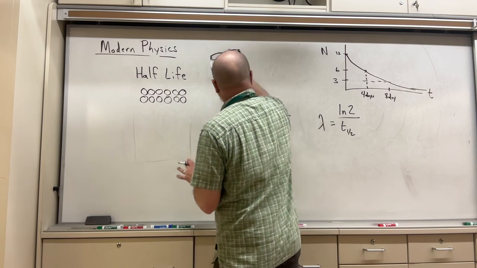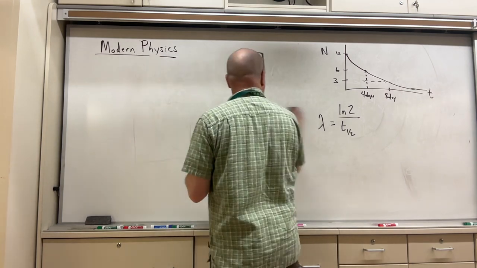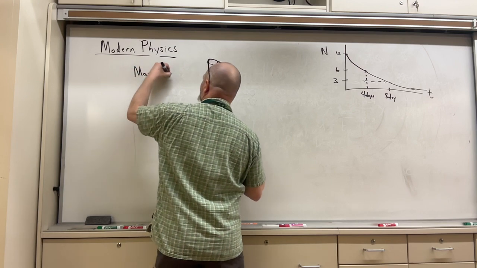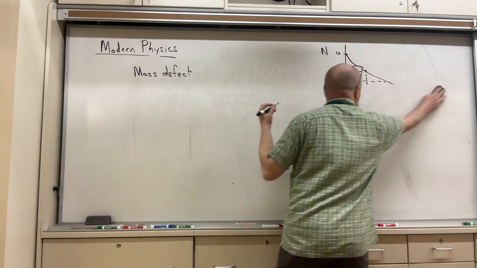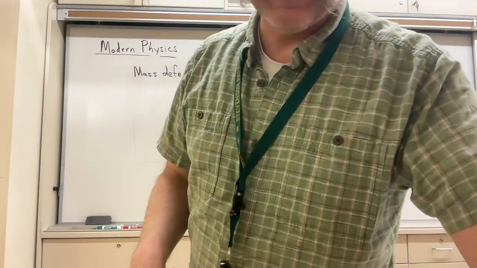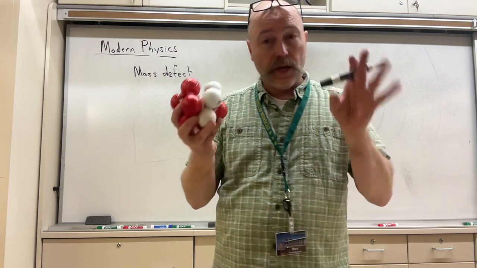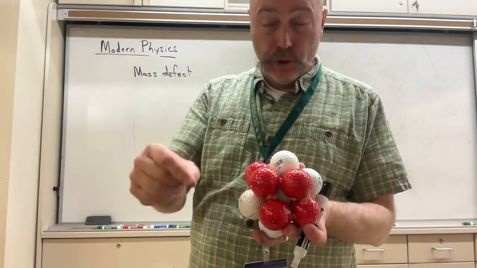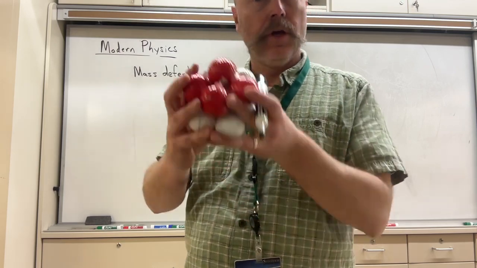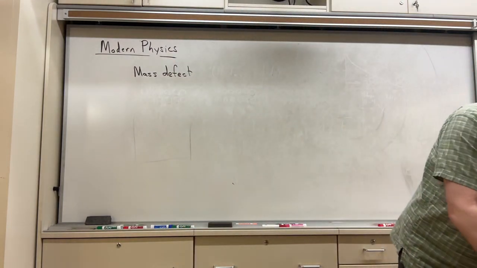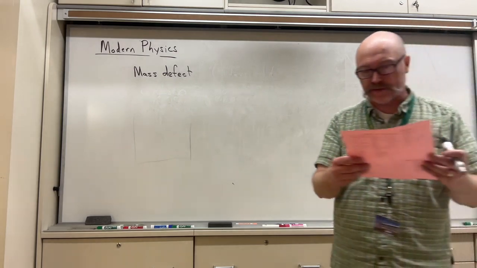And then the last thing we need to understand is this idea of mass defect. And I think this is pretty cool. So here's what mass defect is saying. I have my nuclei here, okay? If we were to take each individual neutron and each individual proton, you can look up the mass of them.